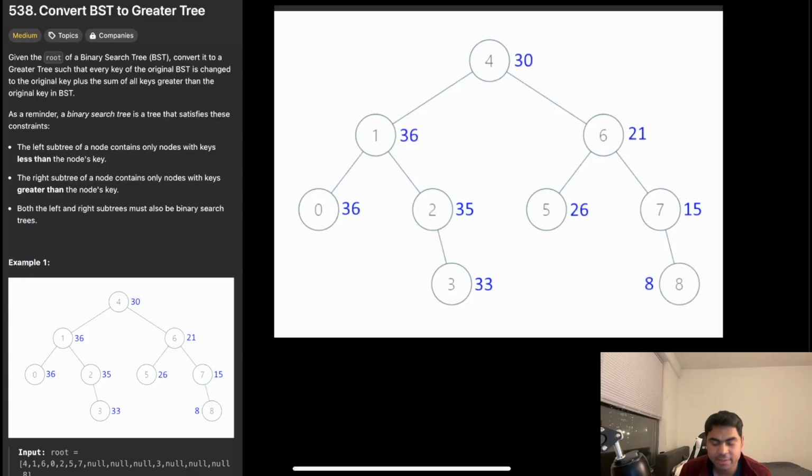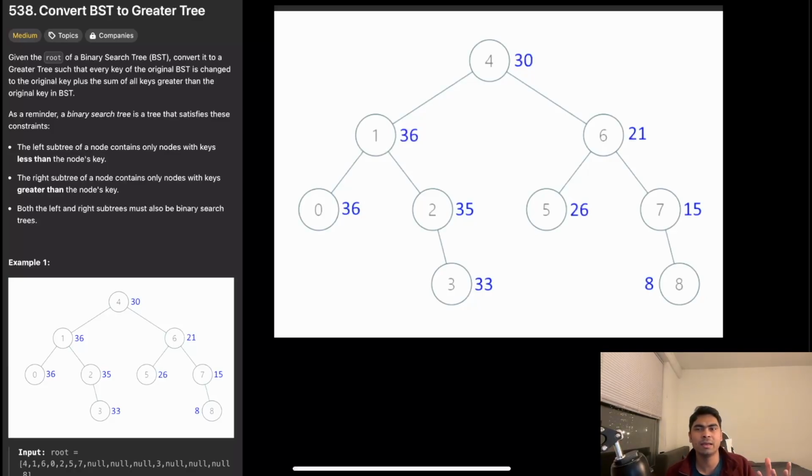We're going to do an in-order traversal, but in reverse: we process right, then root, and then left, so that we process the leftmost node in the end, combining all the values along the way.